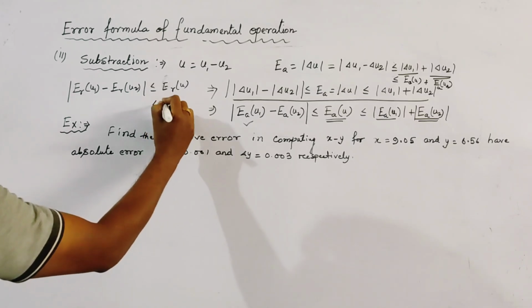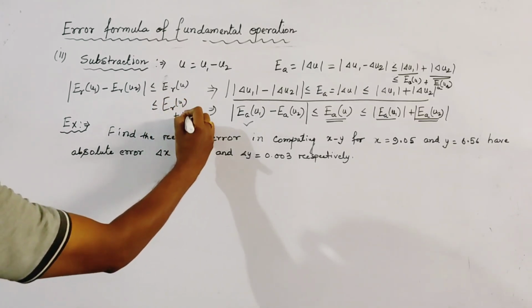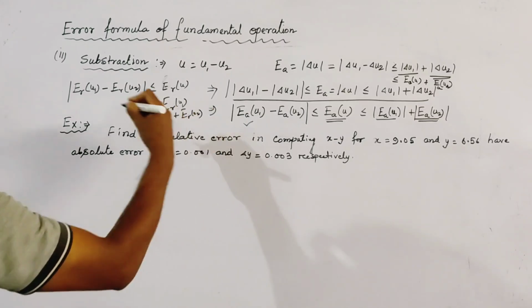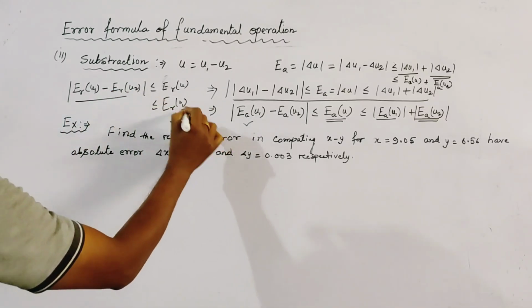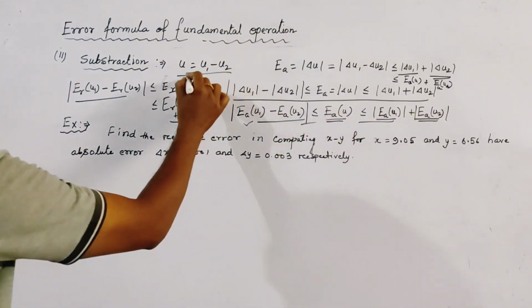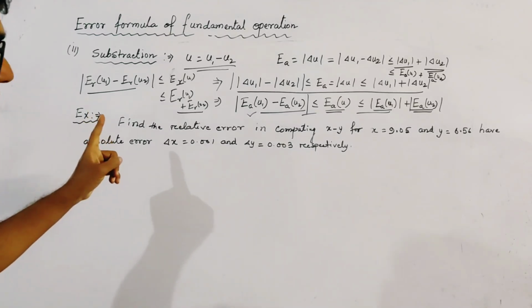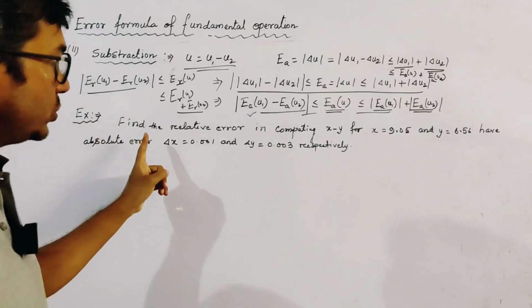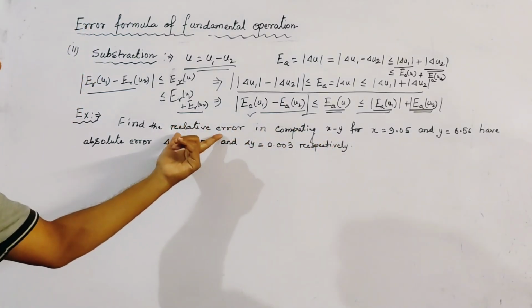This is less equal to relative error of u1 plus relative error of u2. Right, this is the relation of relative error, and this is the relation of absolute error in case of subtraction. For better understanding, we consider here an example to compute x minus y, and find the relative error.